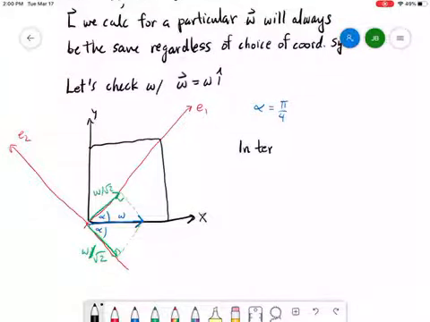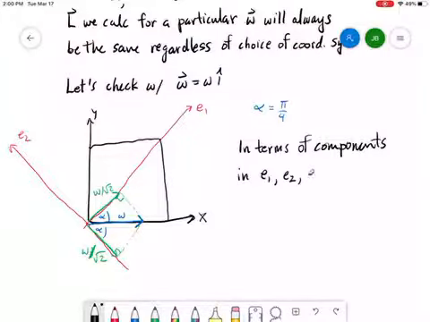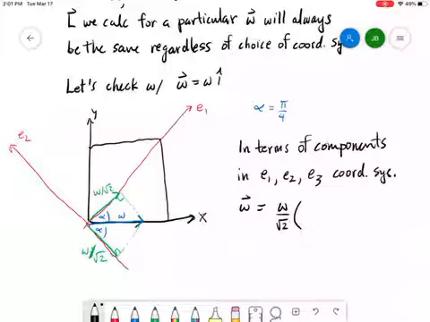Okay, so in terms of components in the E1, E2, E3 coordinate system, omega is equal to omega over root 2, and then we have a component along E1, so we have an E1 hat, and then we have a component that's along minus E2, so we have a minus E2 hat.